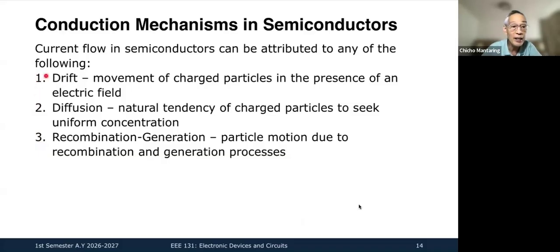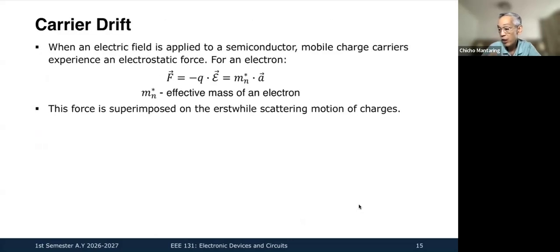So let's start with drift. What is drift? Drift is the tendency for charges to move when they experience an electrostatic force, and that electrostatic force is normally present when an electric field is applied.